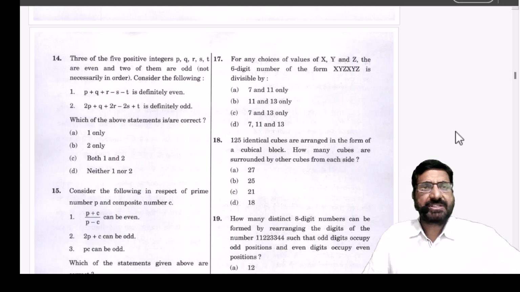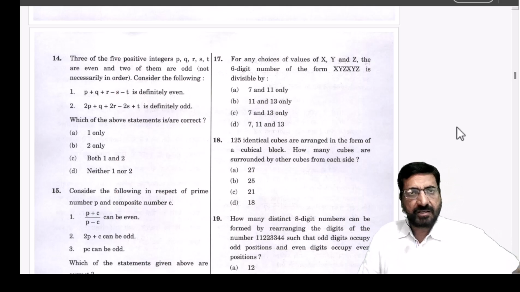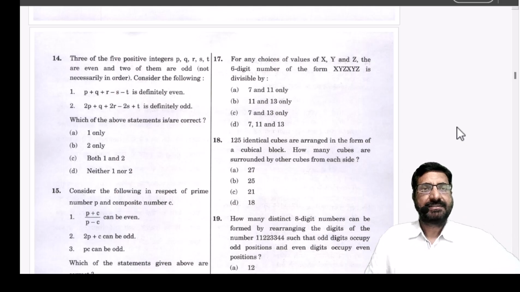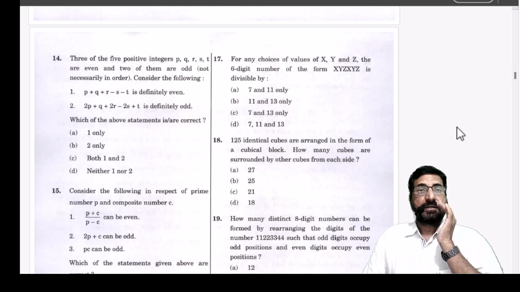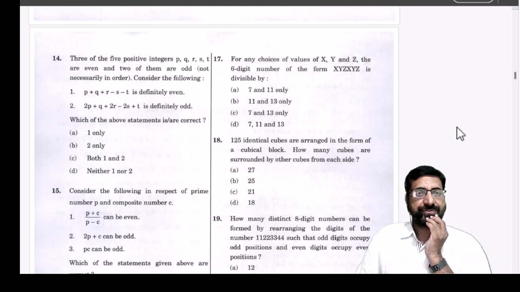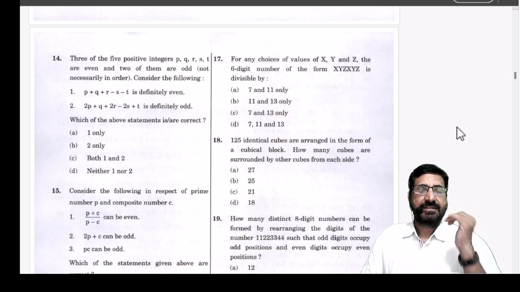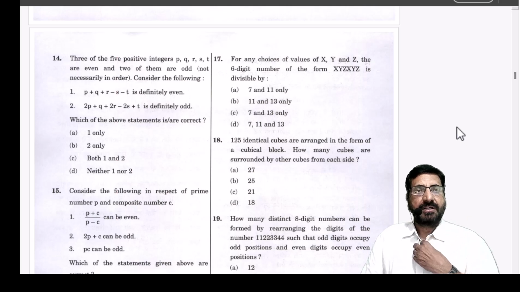So p, q, r, s, t has given p plus q plus r. Okay, if you say 2 numbers are odd, other 3 are even. So if you add 3 numbers, suppose p, q, r, if they are even numbers, so p plus q plus r, you will get even only, and you are subtracting remaining 2 odd numbers.